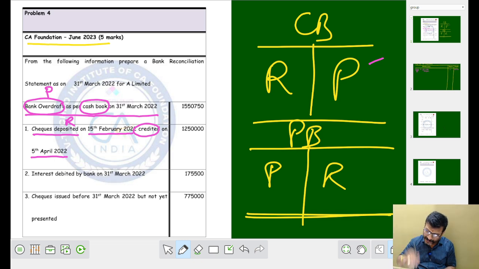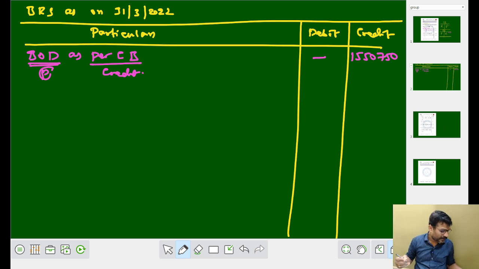Credited in the passbook on 5th April means it is not credited by March 31st.